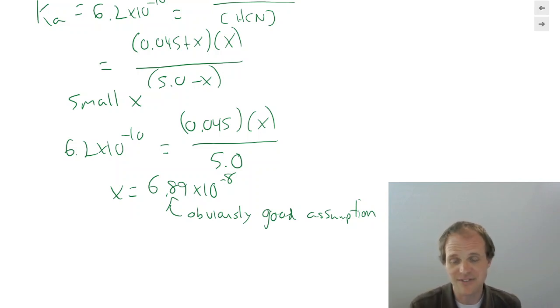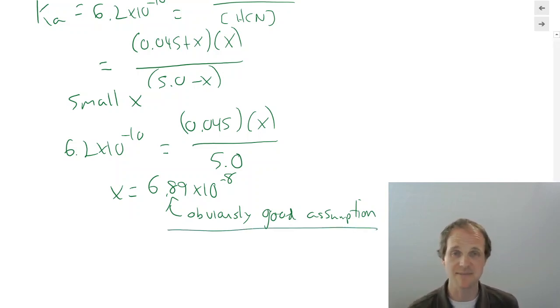If you're not sure, if it's like, oh, it might be 1%, it might be 0.5%, it might even be 0.1%, you should do the calculation and show that result. But when we're talking 6 orders of magnitude, 4.5 times 10 to the minus 2 to 6 times 10 to the minus 8, we're good. We don't have to actually do that calculation. We can say it's obviously a good assumption. But it's good to write that because it says to me, hey, I checked my assumption.